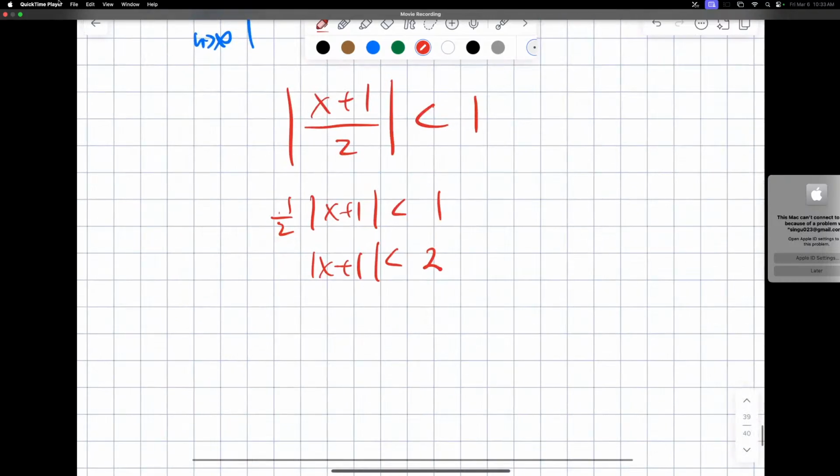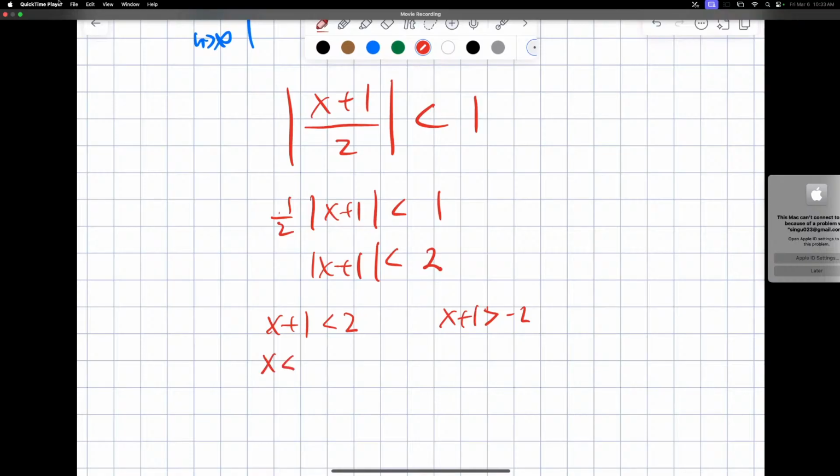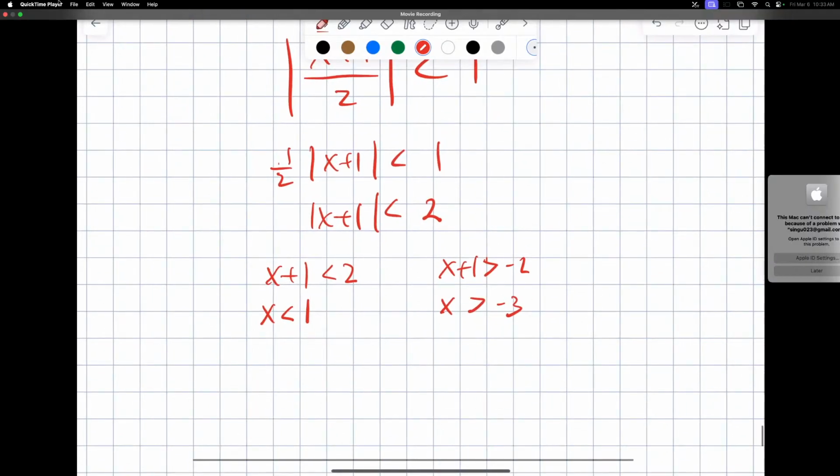Solving this, x plus 1 is less than 2, or x plus 1 greater than -2. So x is less than 1, and x is greater than -3. So therefore it's (-3, 1).